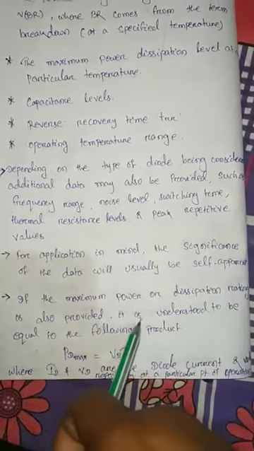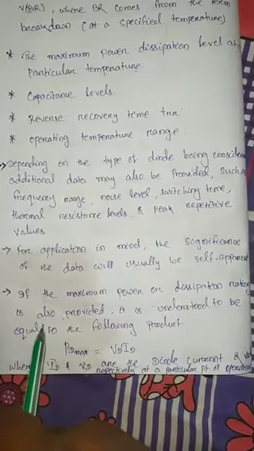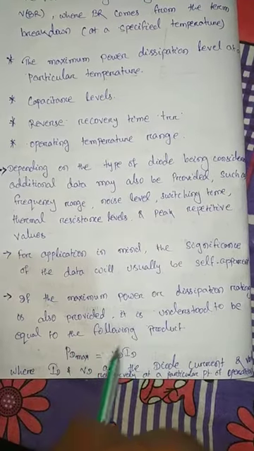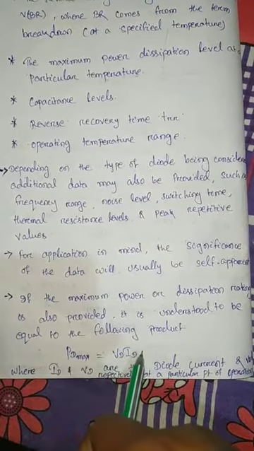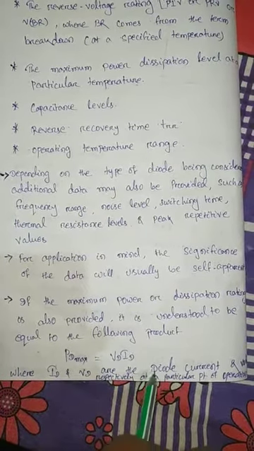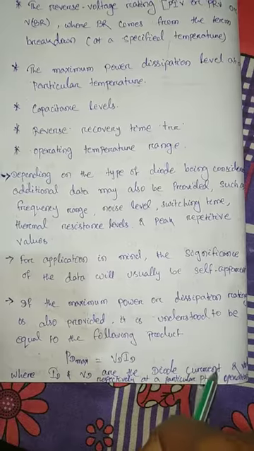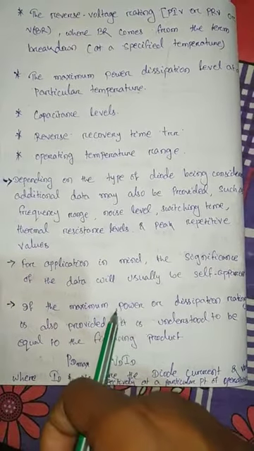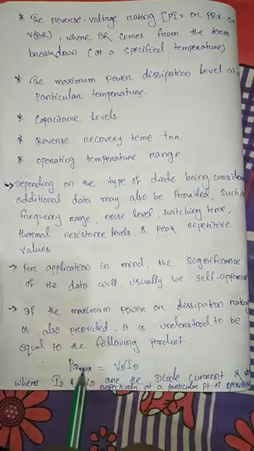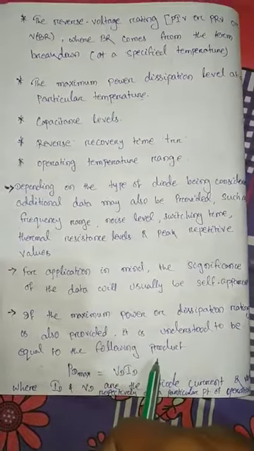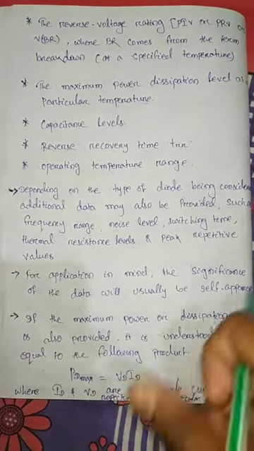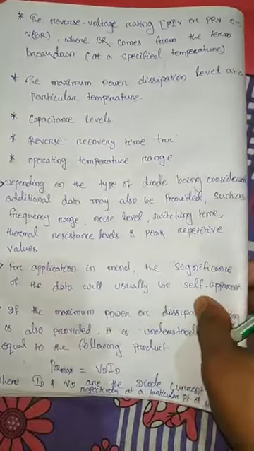If the maximum power dissipation rating is also provided, it is understood to be equal to the following product: Pd max equal to Vd into Id, where Vd and Id are the diode voltage and current at a particular point of operation respectively. Vd is the diode voltage, Id is the diode current at a particular region of operation.